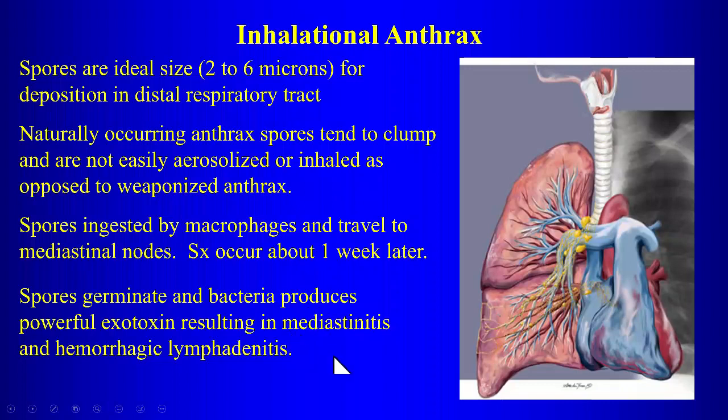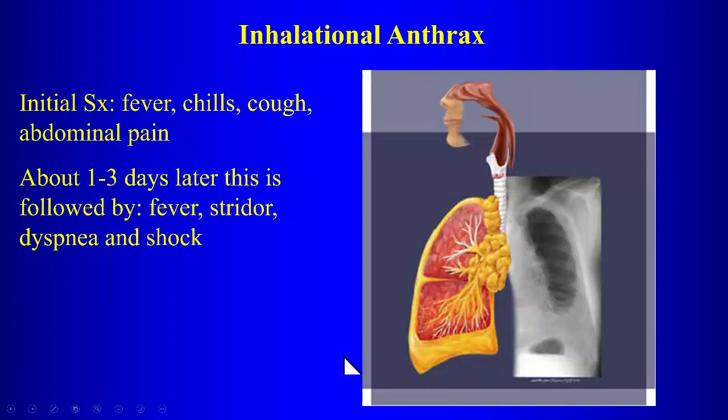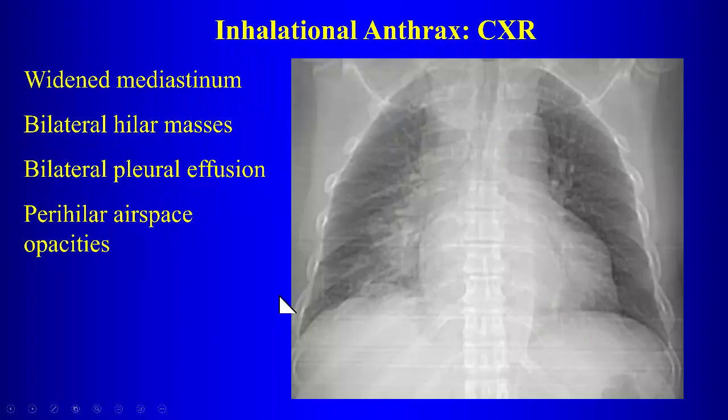So the spores germinate, the bacteria produces a powerful exotoxin that results in mediastinitis and a hemorrhagic lymphadenitis. So they will develop lymphadenopathy and they can develop hemorrhage within the lymph nodes. So they'll have signs of infection, and then it can progress very rapidly and very severely to shock.